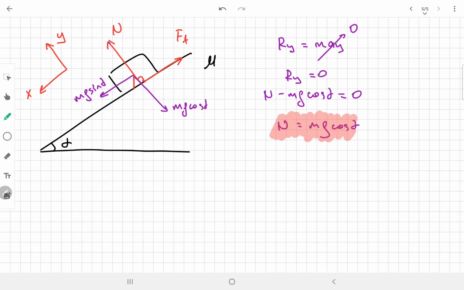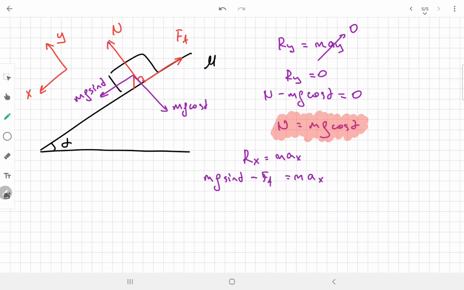This is very important because we need this normal force for our friction force. Now let's come to the x component. The resultant force in x direction should be equal to m a_x. In x direction we have two forces, mg sine alpha and, in the opposite direction, friction force. So resultant force equals mg sine alpha minus friction force equals m a_x.